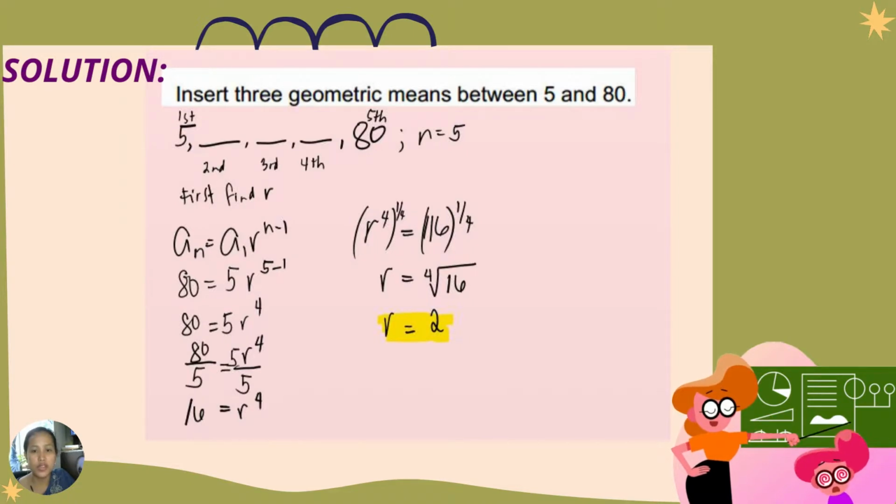If you are confused about how the exponent of r is eliminated, and how the 16 got into the 4th root, you may review your lessons about radicals, okay? So the 4th root of 16 is 2. Now we have our common ratio. Now it's time for us to solve for our second, third, and fourth term.